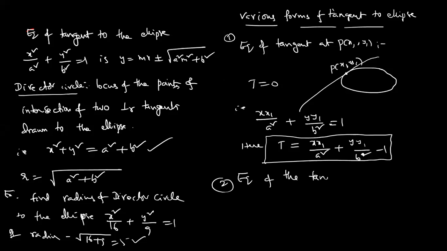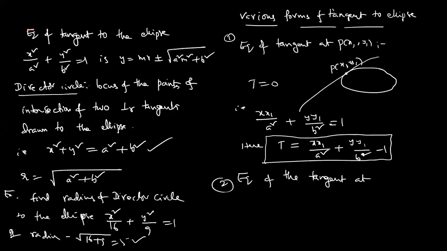Equation of the tangent. Anybody need to prove this one? At point P x1 y1, how you are getting? Same parabola, circle also discussed, same thing. T is equal to 0. Apply the derivative, find its slope. Then y minus y1 is equal to m into x minus x1.